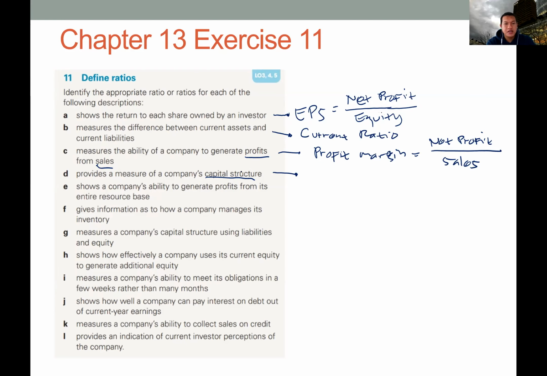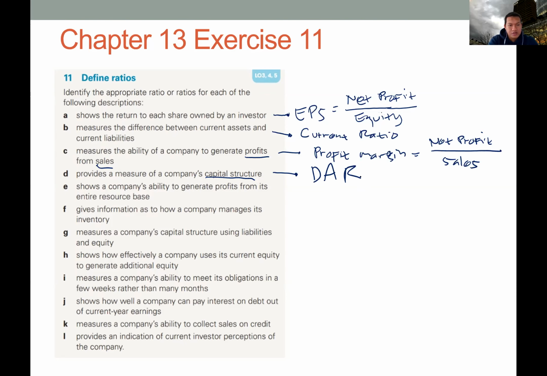So a portion of total asset financed by the debt. Okay, so yeah, we can use that. So this should be debt to asset ratio.